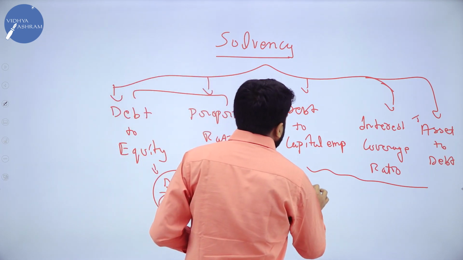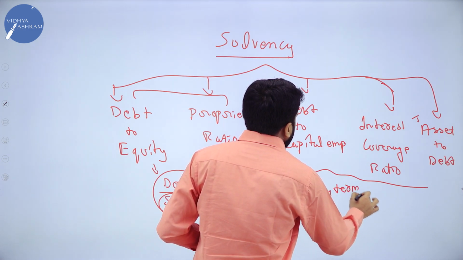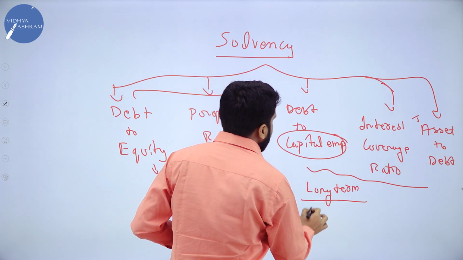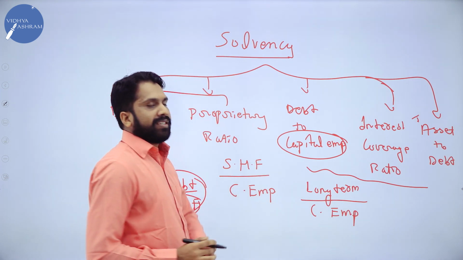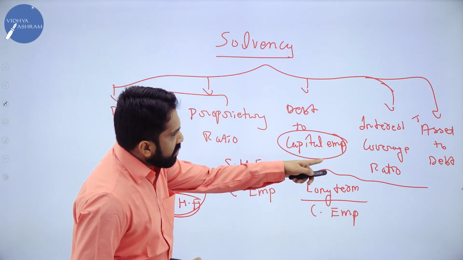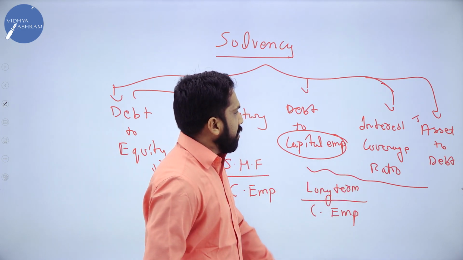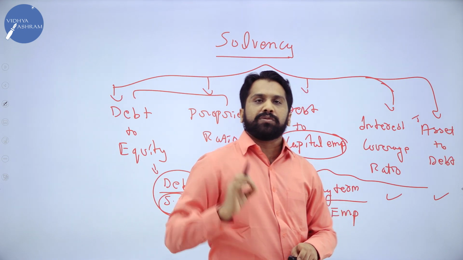Now, long-term loans divided by capital employed. It is there in your question itself. These two things will come later. While doing the problem, I'll explain what this is and what the last one is.